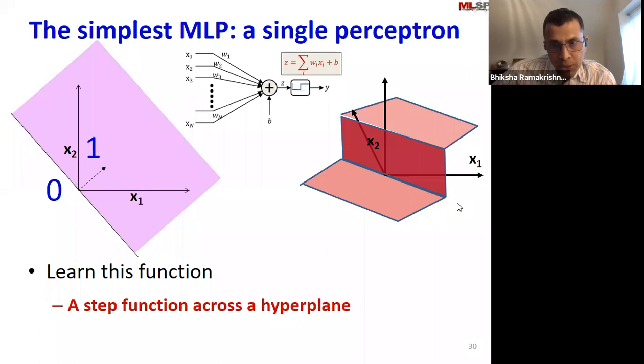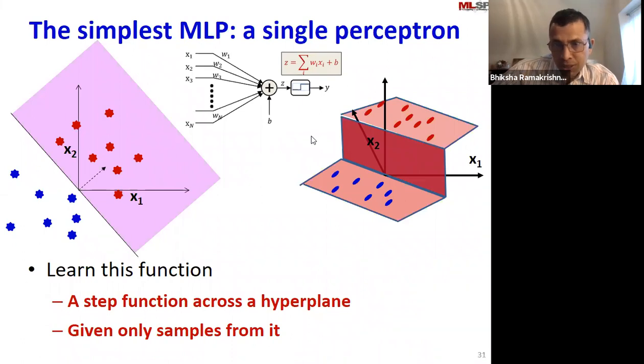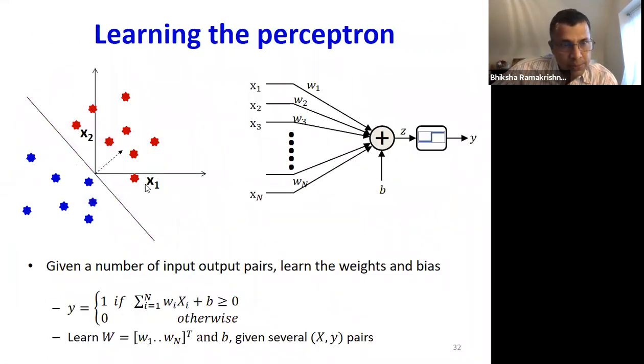And what we are trying to do is to learn the step function, except we are not given the entire function. We are only given some input-output pairs like these blue and red dots, where the y value of the blue dots will be 0 and the y value of the red dots will be 1. We must learn the function from only these pairs. You don't actually have the entire function.